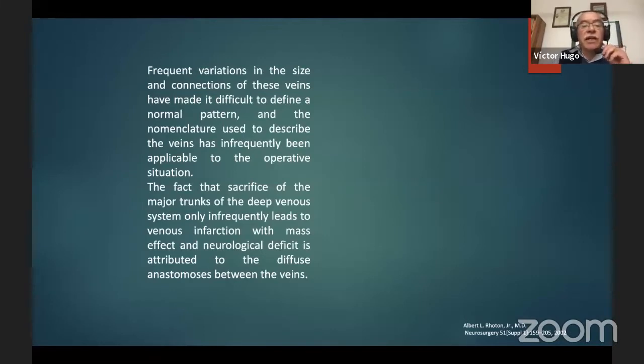The fact that sacrifice of the major trunks of the deep venous system only infrequently leads to venous infarction with mass effect and neurological deficit is attributed to the diffuse anastomosis between the veins.